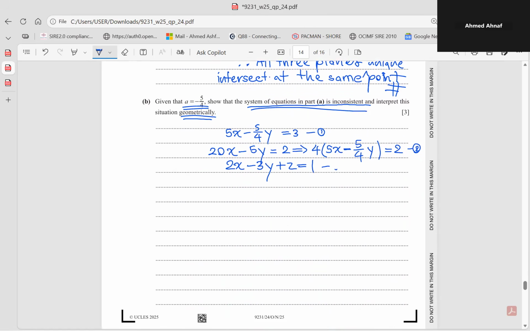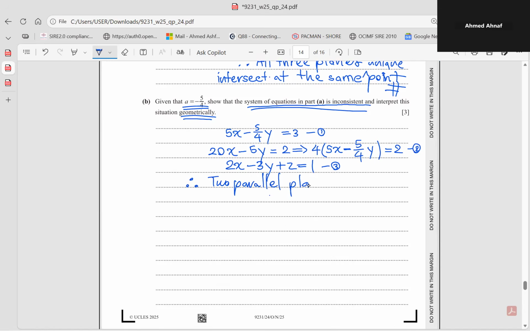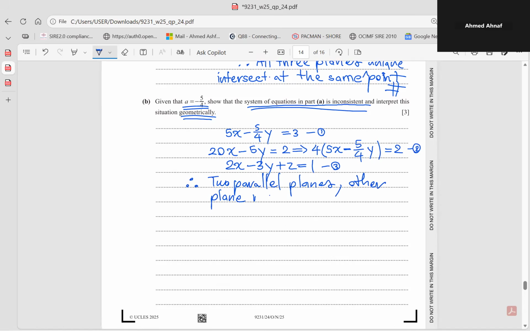This is equation 3. So therefore, we can say that 2 planes are parallel, and the other plane is not parallel.